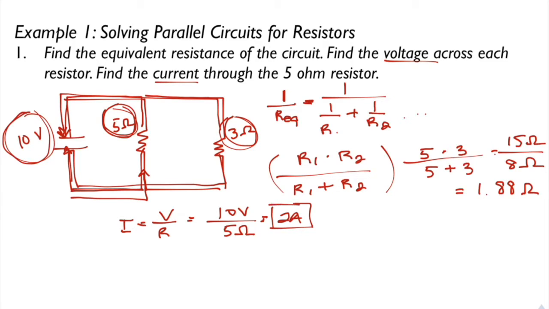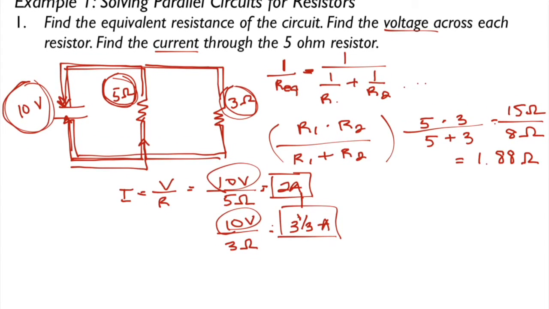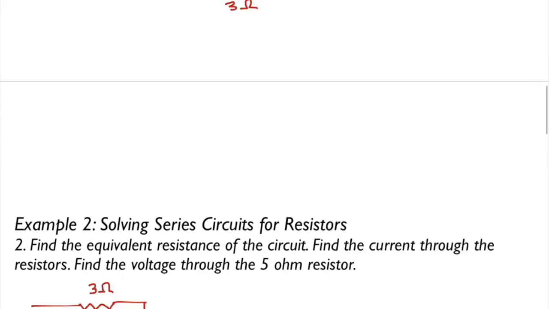And to show you that it's different currents between resistors in parallel, I can just quickly solve for the 3 ohm resistor as well. That would be 10 volts divided by the 3 ohms equals 3 1/3 amps. So now, as you can see, they have different currents, but the same voltage. So that's basically what you need to know for solving for parallel circuits for resistors.